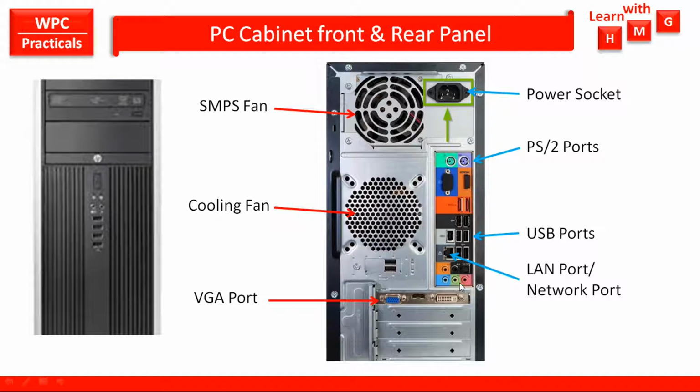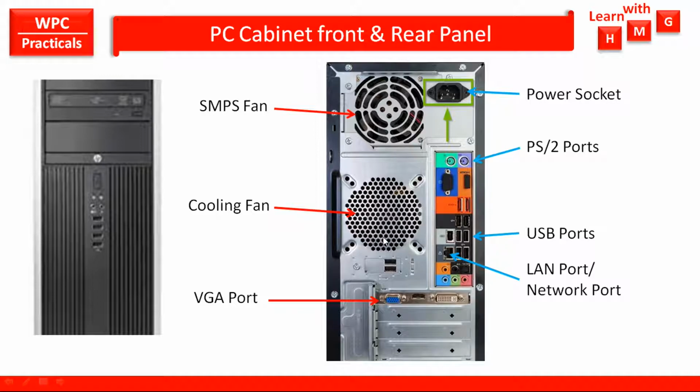Below this, these are the audio ports, and here you can get the output for the speaker or give the input for the mic. Then this blue color port is called a VGA port. You can connect the monitor or your display through this VGA port to the PC.